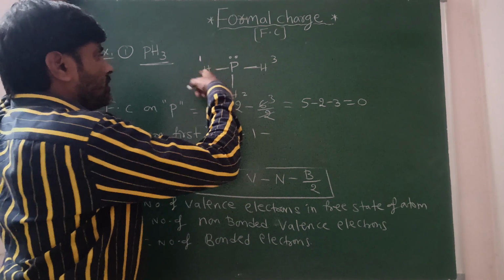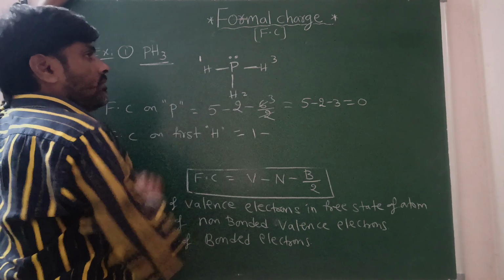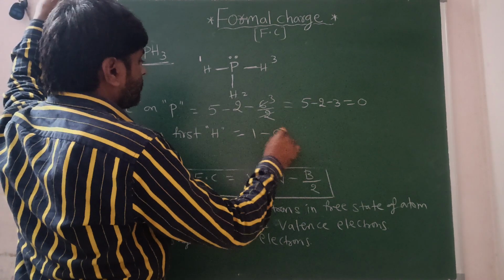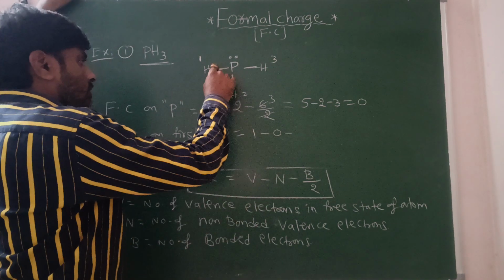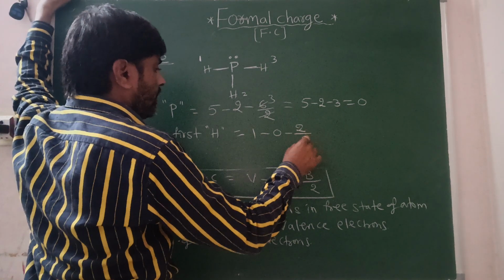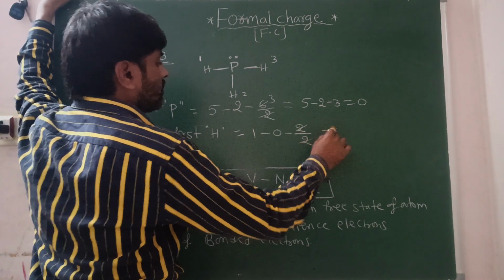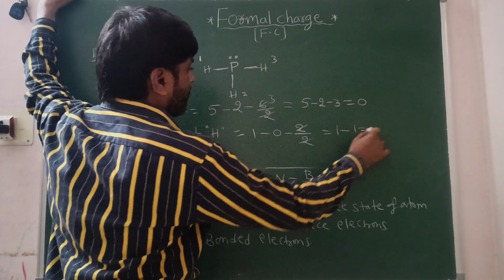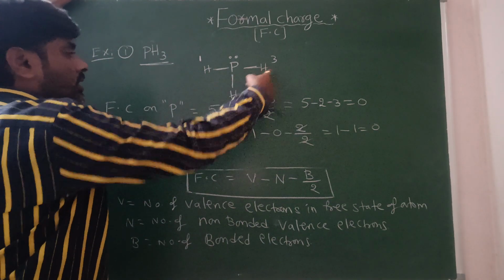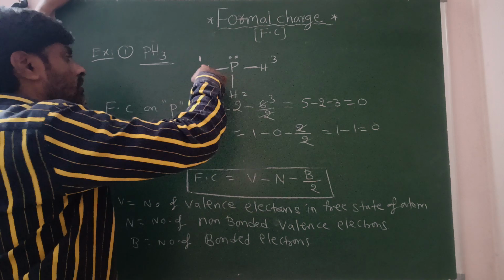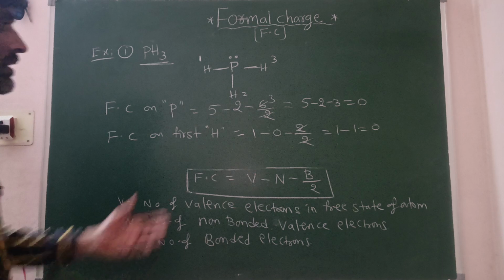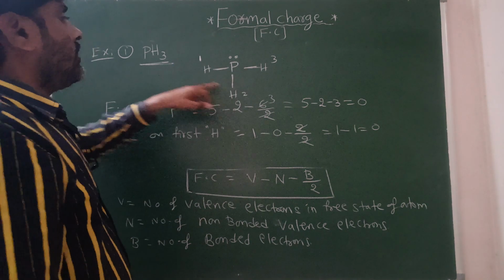Minus, hydrogen does not possess any non-bonded electron pairs, so 0. Minus, it forms 1 bond, so 2 bonded electrons by 2, which is 1. Now 1 minus 1 equals 0. The second and third hydrogens are also like the first hydrogen. So these 3 hydrogens possess 0.